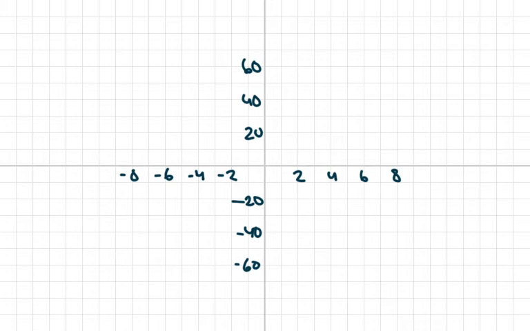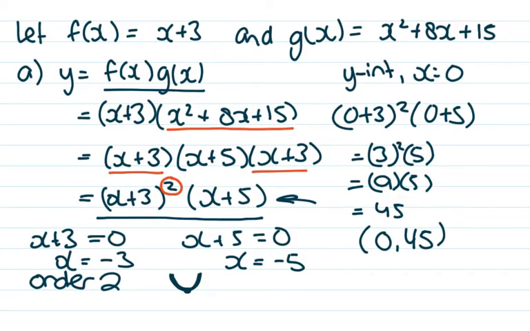So I had a 0 at negative 5 and a 0 at negative 3. Now we need to figure out which direction this goes in. So this is a degree 3 function because it has an exponent of 2 and an exponent here of 1. And it has a positive a value, positive 1.